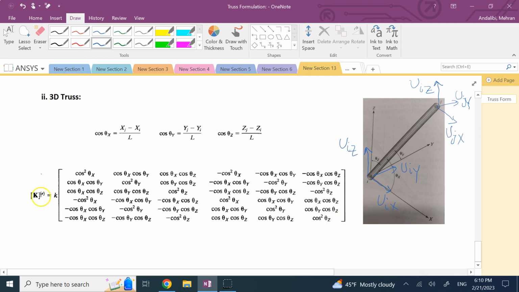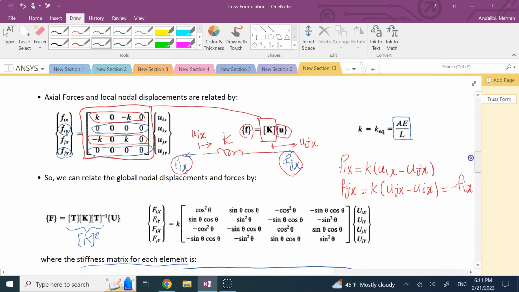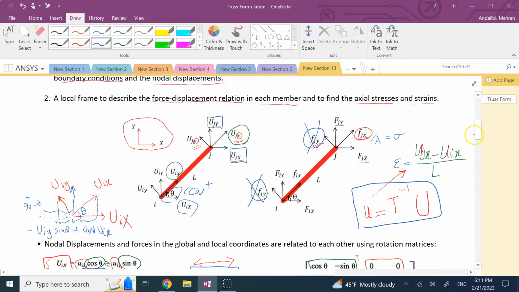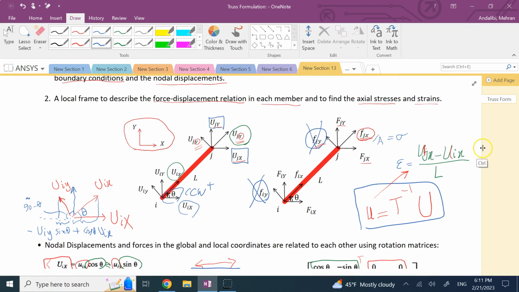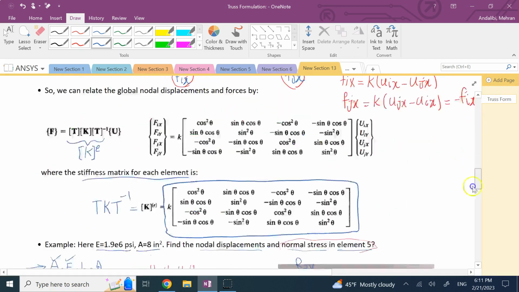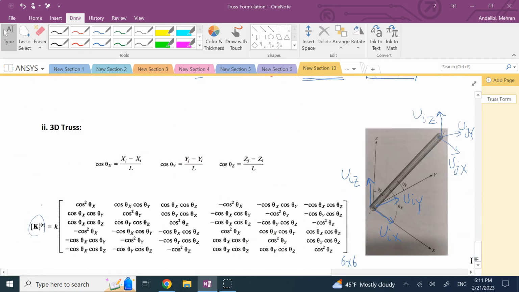Therefore, your K matrix for each element, instead of being a 4x4, is going to be a 6x6. And when you have a 3D line, a spatial line in general, it's not determined by one angle theta like this. It is going to be determined by 3 angles: theta x, theta y, and theta z. You have 3 angles for any vector in space, which you can easily find by dividing the delta x, delta y, and delta z of the 2 end nodes by the total length.